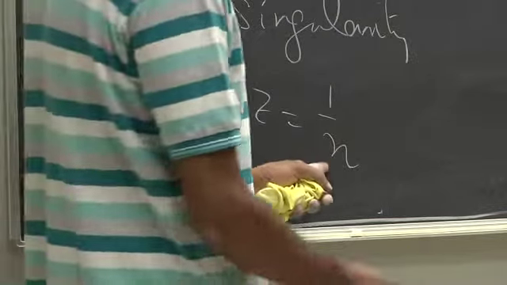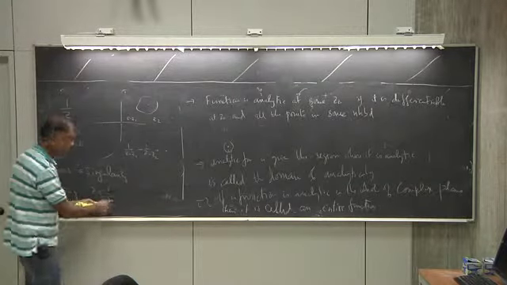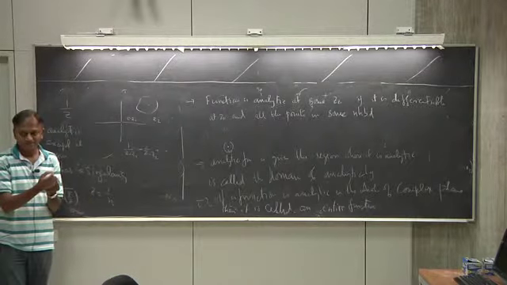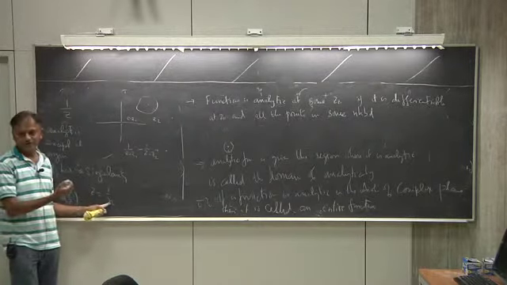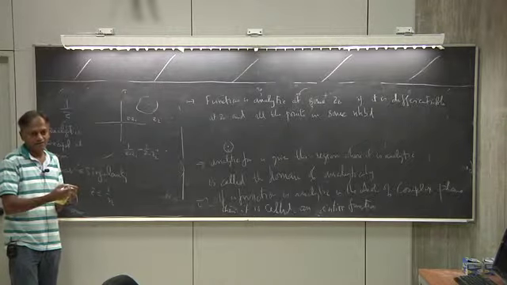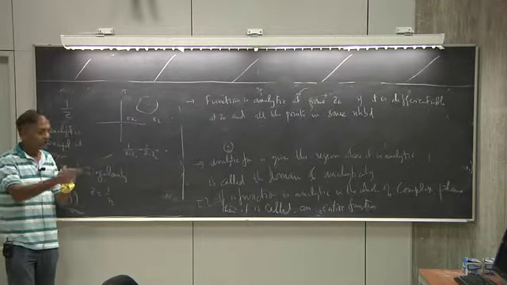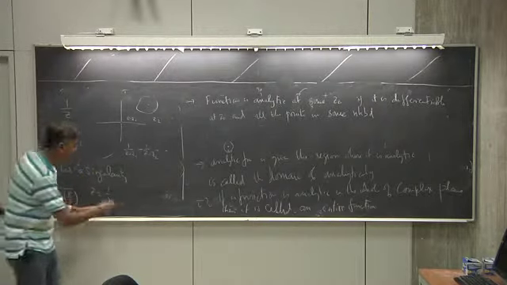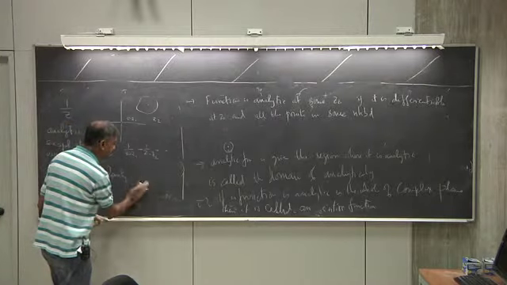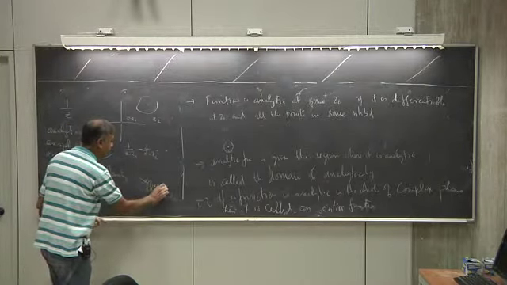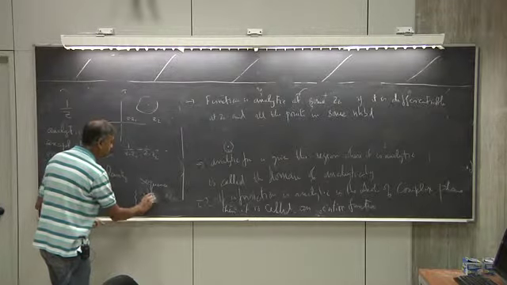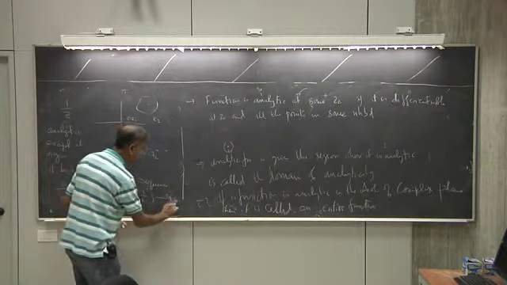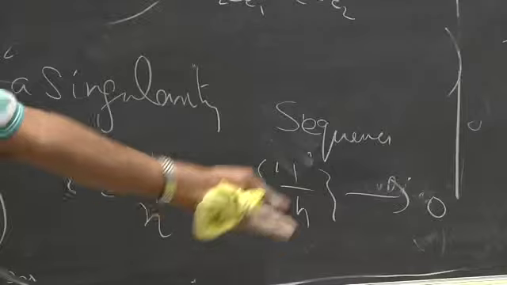But now you see this is not isolated because this happens for every n, right? So 0 is not an isolated point. In the n going to infinity limit, you get 0, right? And that 0 is not isolated. You cannot find any neighborhood where there is no other singularity, right? If you look at the sequence of 1 over n, as n goes from 1, 2, all the way up to infinity, this converges to 0.